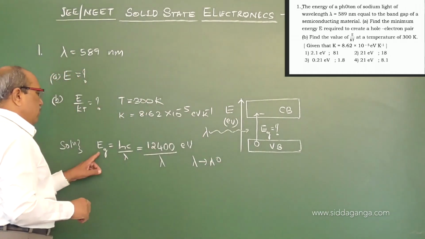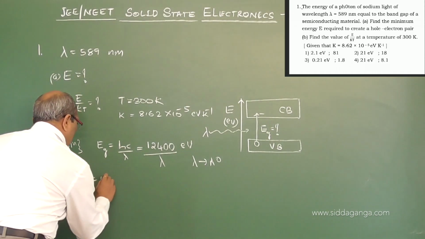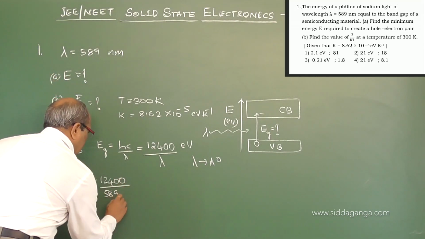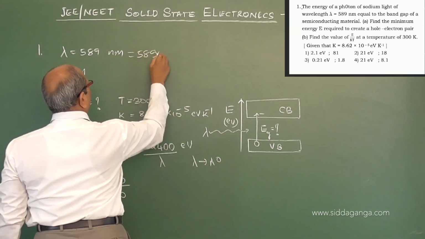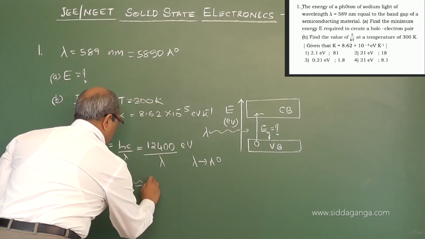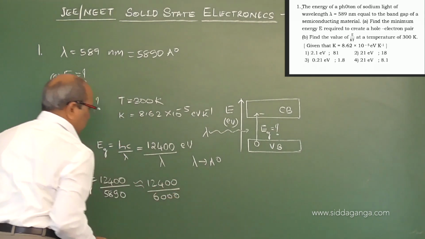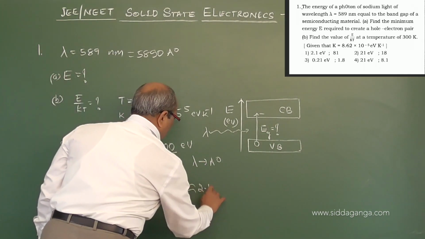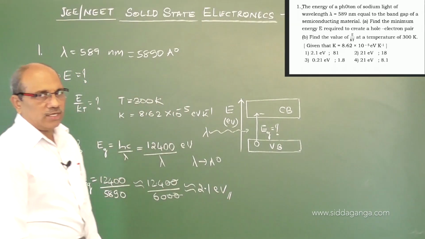If you substitute, you can get the value of EG directly. 589 nano, putting a 0, makes 5890 angstrom, approximated to 6000. 12400 divided by 6000, the 2 zeros cancel, it becomes 12.4 over 6, approximately 2.1 electron volt. So for the first part we got the answer, 2.1 electron volt.